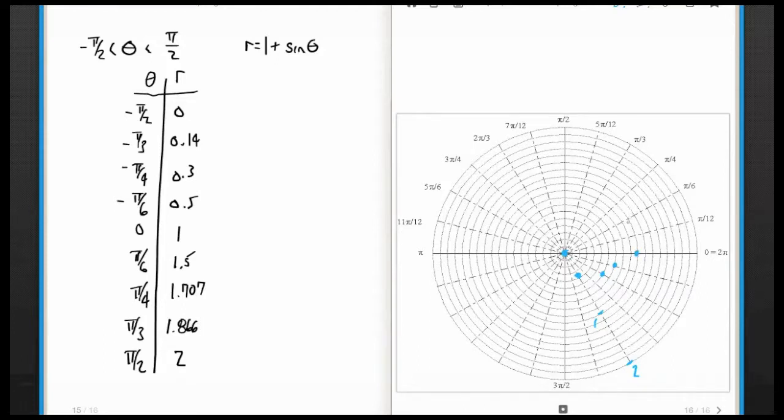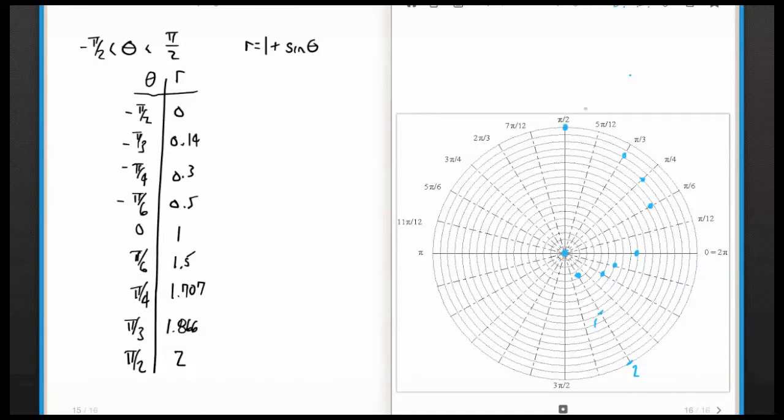And then positive pi by 6, which is right here, my radius goes all the way to 1.5, so I'm at like there. And then pi by 4 is 1.7, so I go out to here. 1.866, so I go to here. And then at pi by 2 it goes to 2.